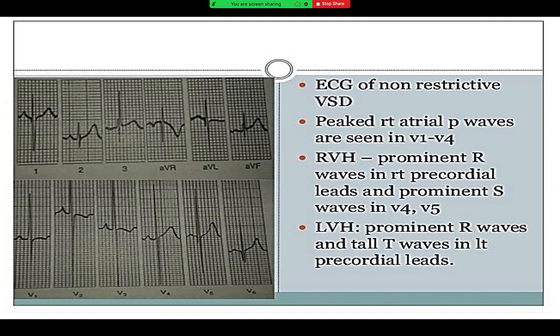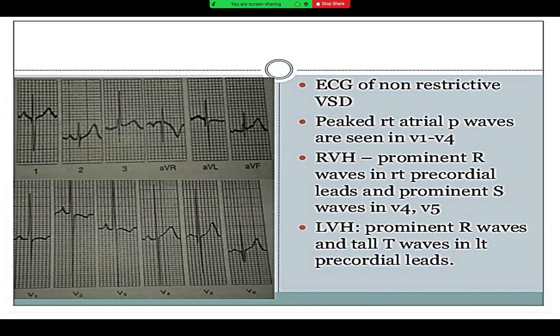And there are also signs of right ventricular hypertrophy. How do you say that? Because in V1 to V4, you notice the prominent R waves. Yeah? Prominent R wave in V1 to V4, and in V5, V6 you see prominent S wave, in fact. And also there is left ventricular hypertrophy.